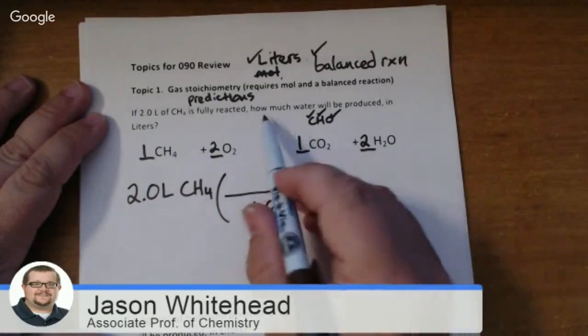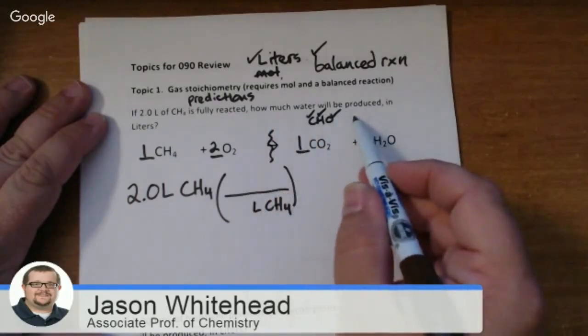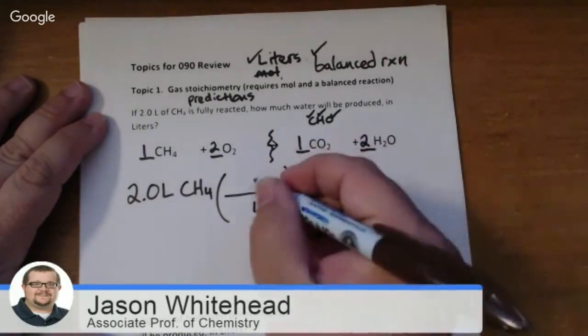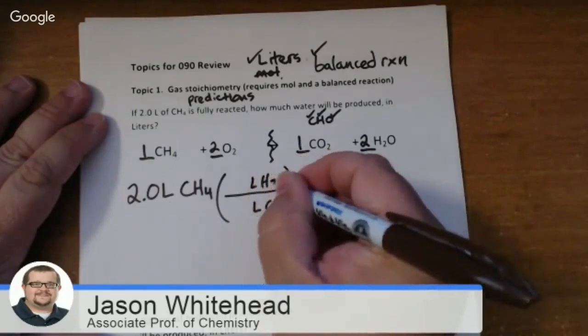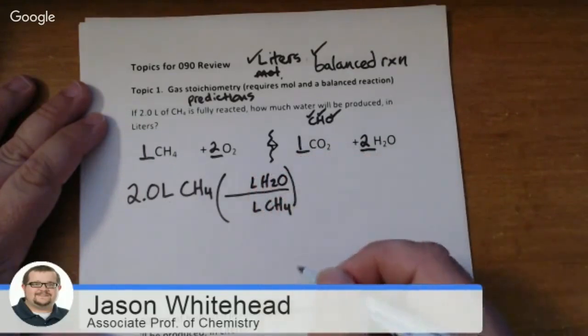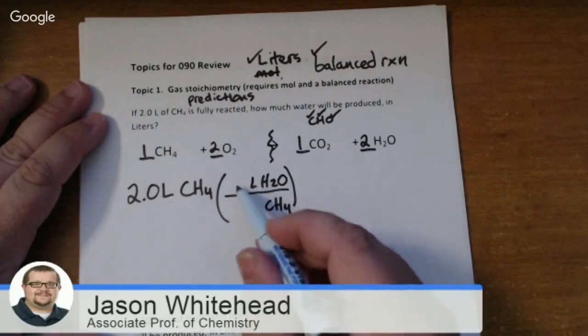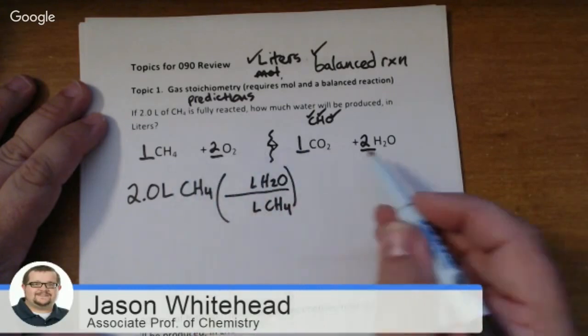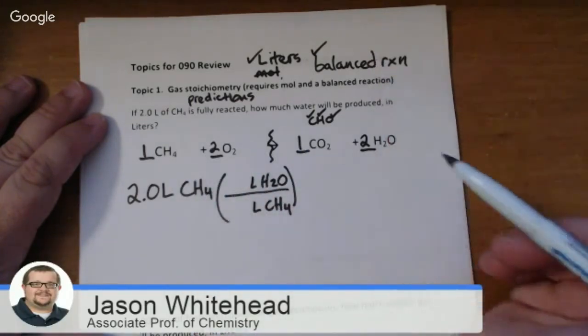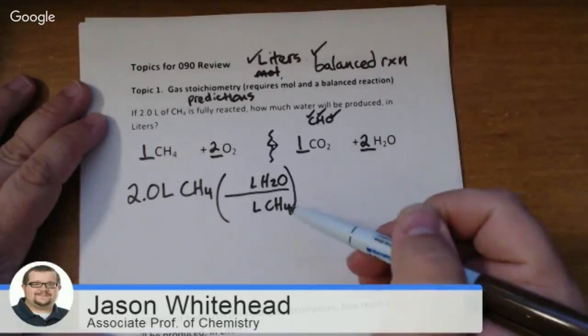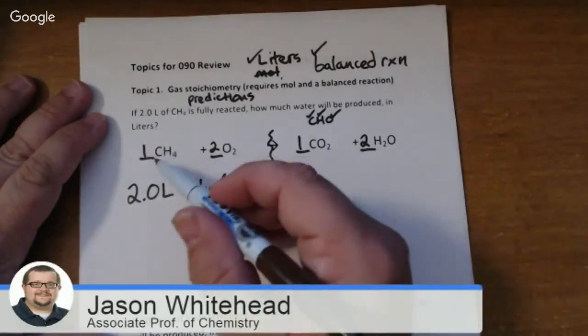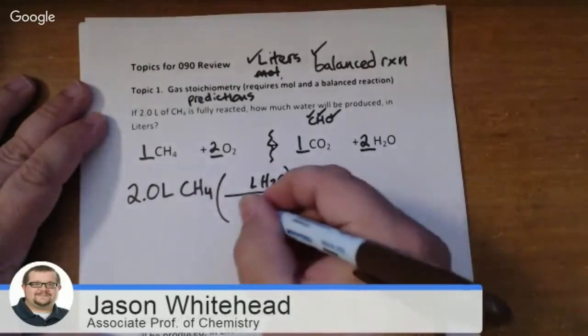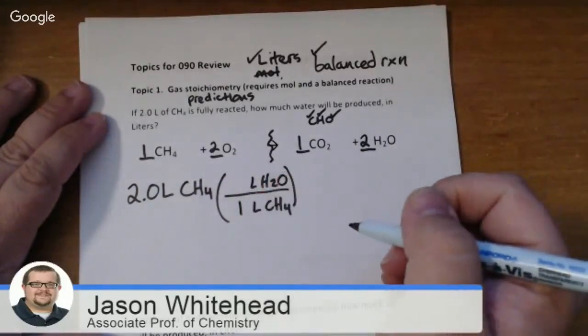The problem asks me how much water will be produced, so I want to know liters of H2O. I'm going to get my numbers from the coefficients that are in the balanced reaction. That's why we had to balance it before we started. Look for CH4 in the reaction. 1 is its coefficient, so I'm going to put a 1 with the CH4.